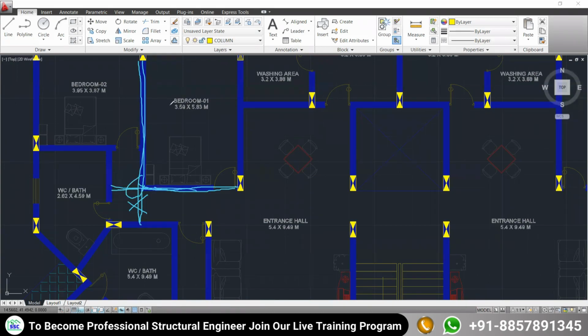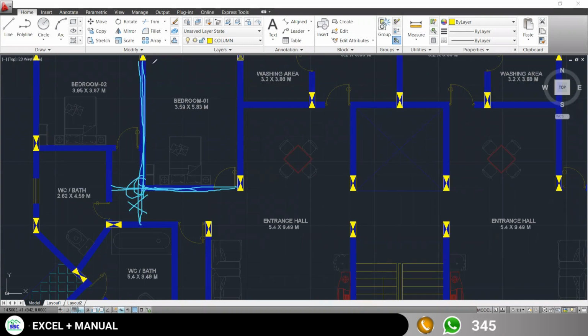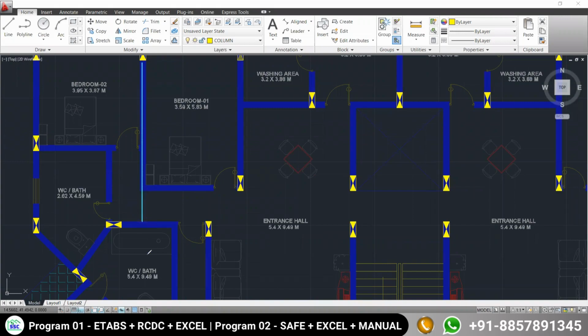So if you are not taking the column here, the problem will be that you have to take the beam directly from here to here. Okay, you can do that, no issue. But it is already a very long span beam, already heavily loaded, and will demand a higher percentage of reinforcement and a larger section size.